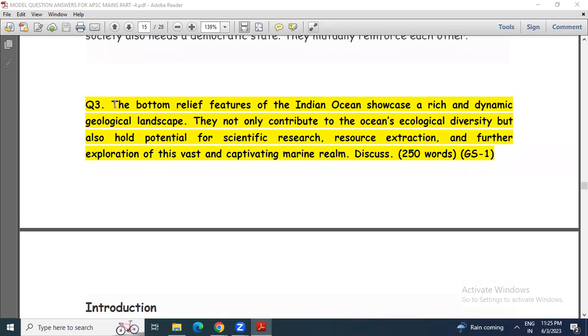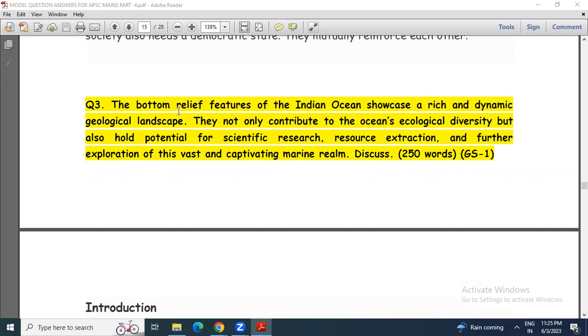So the question is: the bottom relief features of Indian Ocean showcase a rich and dynamic geological landscape. They not only contribute to the ocean's ecological diversity, but also hold potential for scientific research, resource extraction, and further exploration of this vast and captivating marine realm.